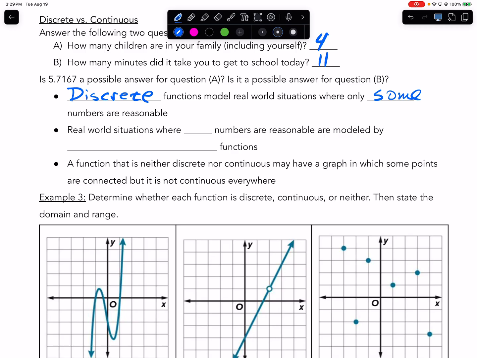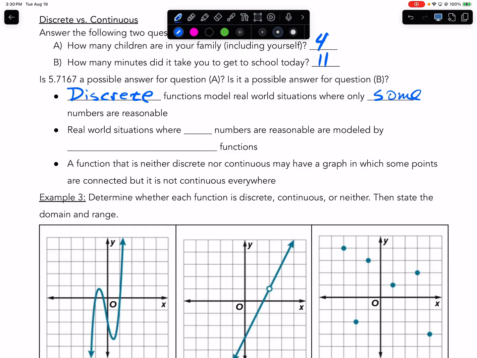So if you're buying apples at a store, you can't buy a quarter of an apple. You have to buy apples whole. That's discrete. If you're paying for apples, that's continuous, because you buy 4 apples, they might weigh 4.2 pounds, and they charge you per pound.